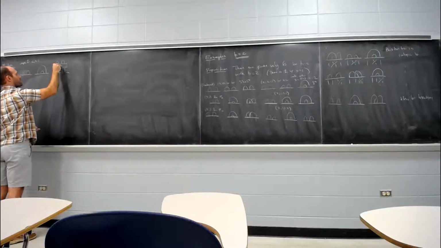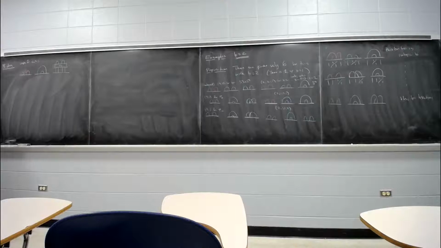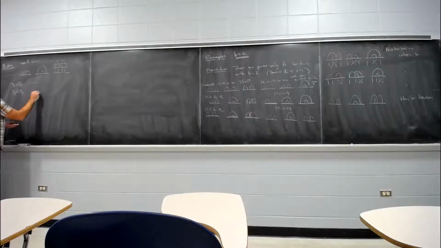So alpha 3. And so what we see is that we have T3 union T1 bar and T3 union T2 bar, and they look like this.